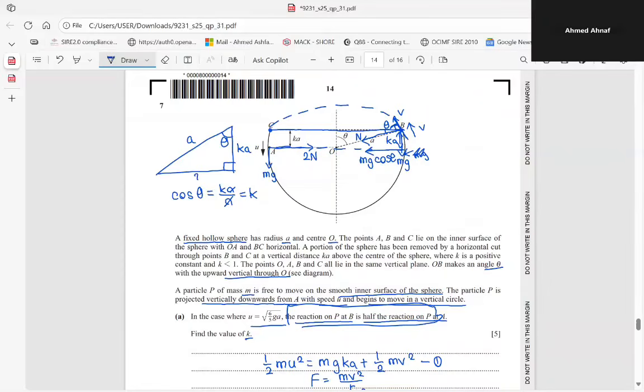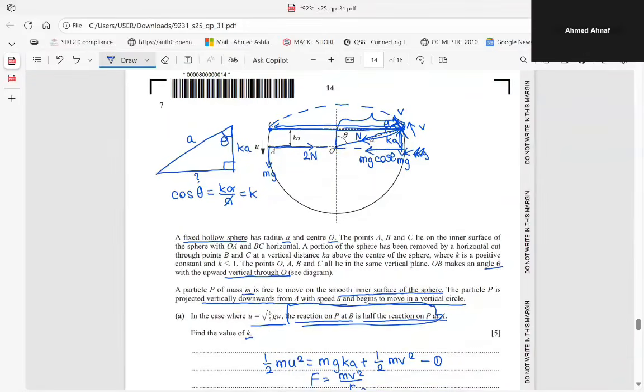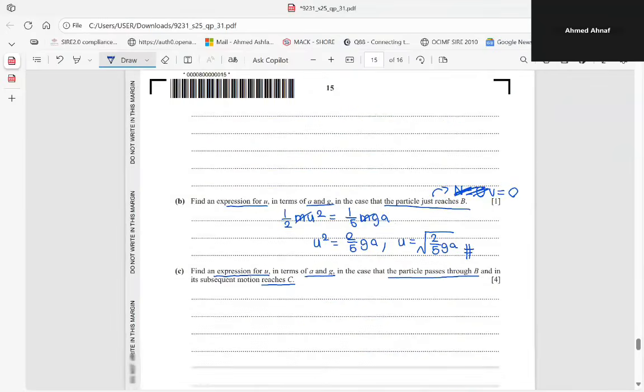The length of this side would be half of the distance from B to C. Distance from B to C is here, and half of this is part of this right angle triangle. So we're going to find this distance first. Or let's just find BC directly.